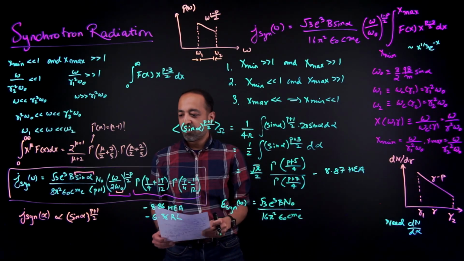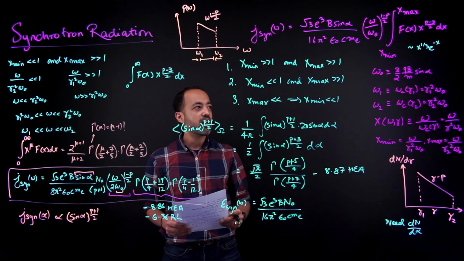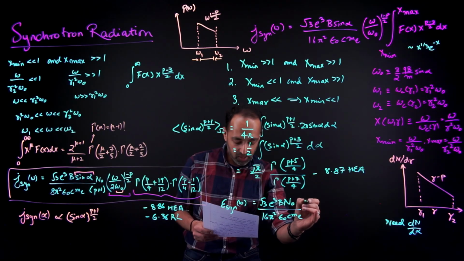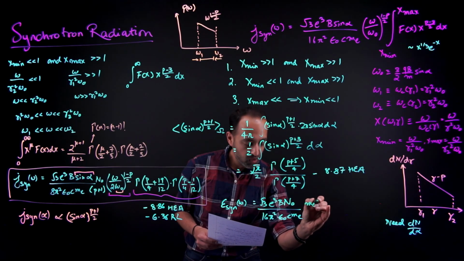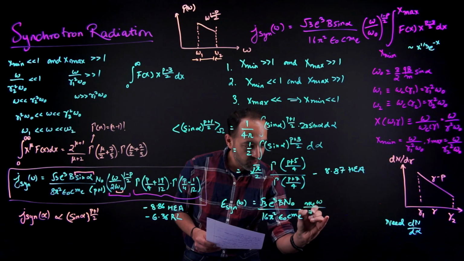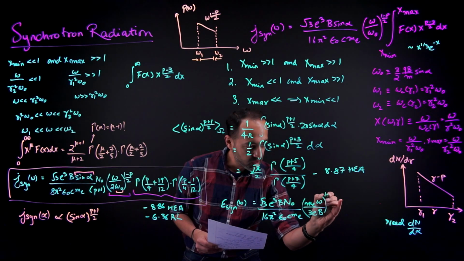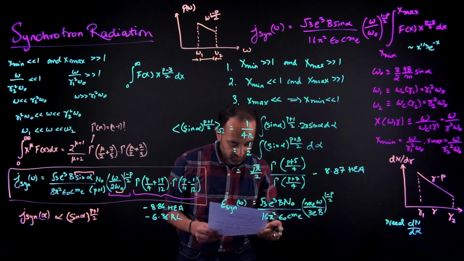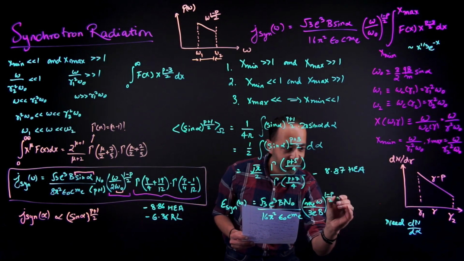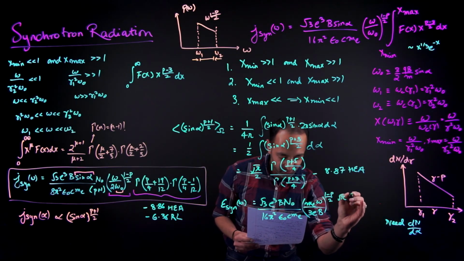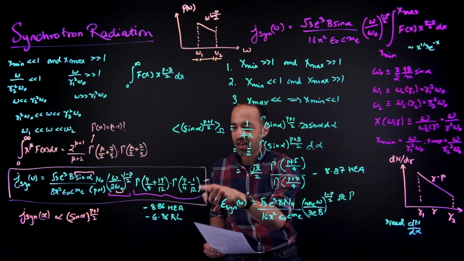And then, unfortunately, we have to give up our omega naught and break it into pieces. So now we have m omega over 3 e to the power of (1 minus p) over 2. Is he going to make it? We'll see. Root pi gamma, and then there's this gamma stuff.